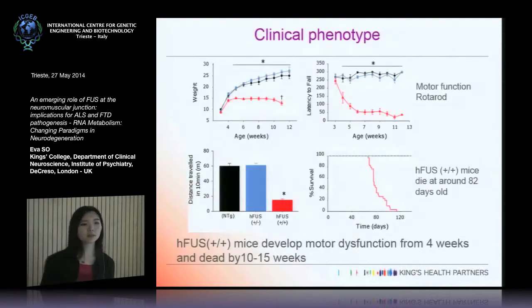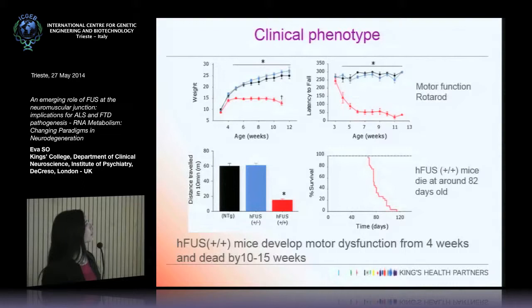And in these homozygous mice, there are a number of clinical phenotypes shown. These mice develop motor dysfunction from 4 weeks onwards, and they are dead by around 10 to 15 weeks. Here you can see in red, this is the homozygous mice. From 4 weeks onward, they fail to gain weight, which was the really small mice, as you can see before.